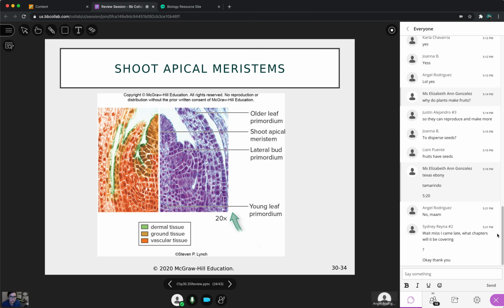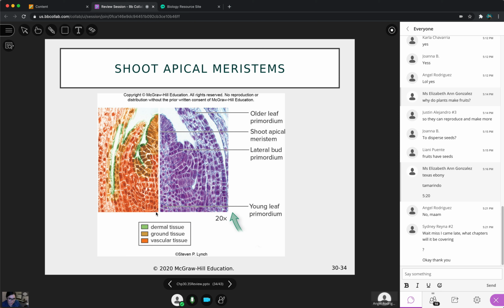You will not find a structure like this in a bryophyte, and a bryophyte is something like a moss or a hornwort. They don't have roots, they don't have stems, so they don't have these much more advanced tissues that you would find in something like a tree.